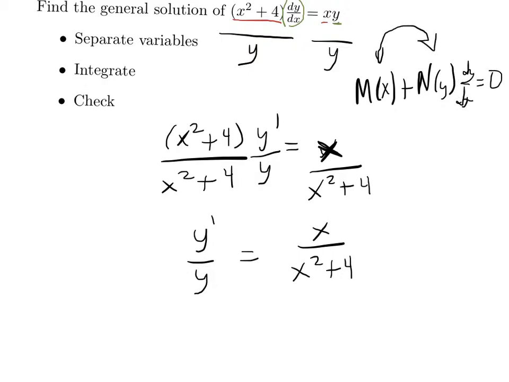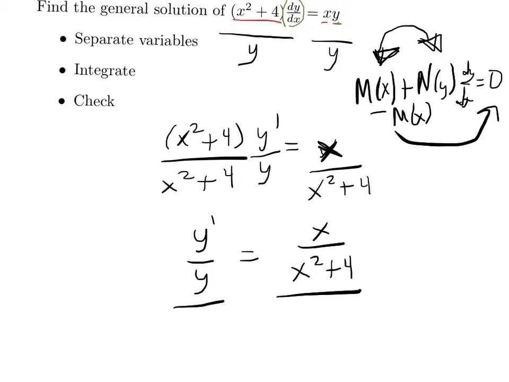In general, what we really use is x's and y's on separate sides of the equal sign. As long as that's the case, if you just subtract m of x from this side, you would get the same thing. Is that clear?